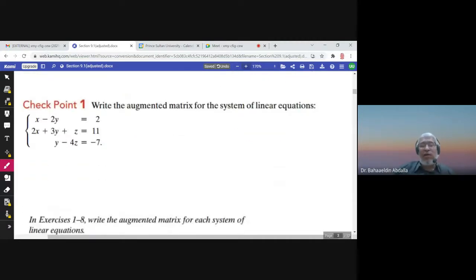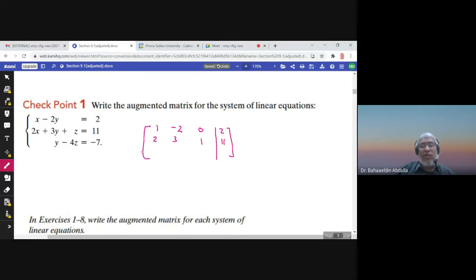Another question, write the augmented matrix. I'll do it here row by row. So let me start with the first equation. So 1, negative 2, coefficient of z is 0, and the constant term is 2. The second equation, 2, 3, 1, and 11.